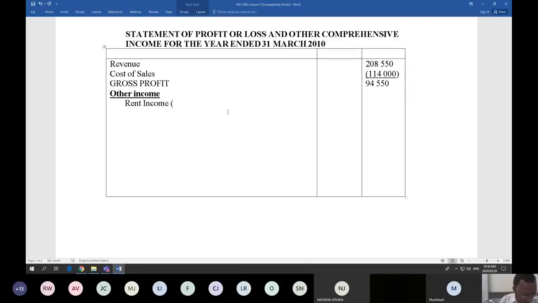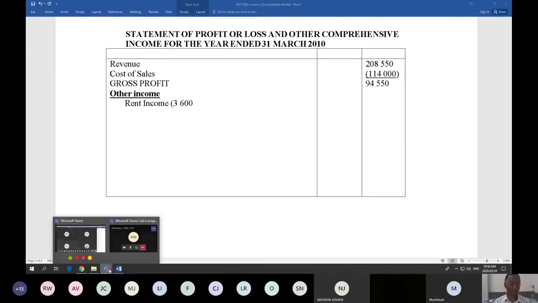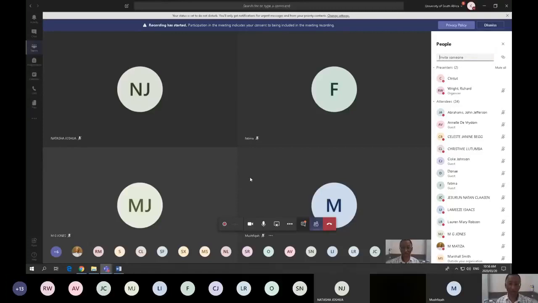The trial balance amount of my rental income is 3,600 rand. But remember, there was an adjustment that impacted on the rental. I am referring to adjustment number 4, where the tenant moved into the office space from the 30th of November.